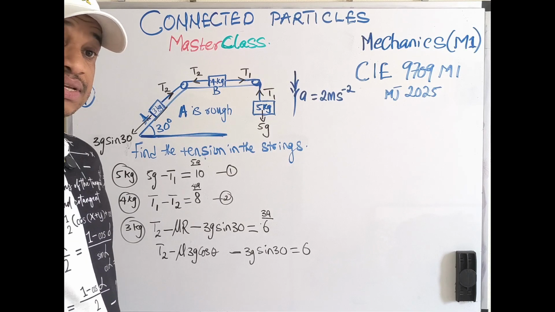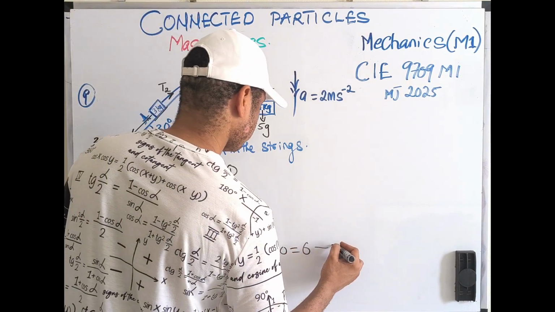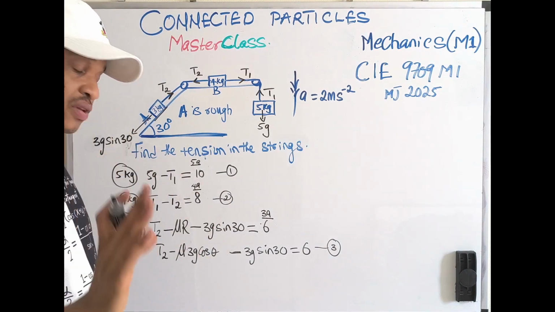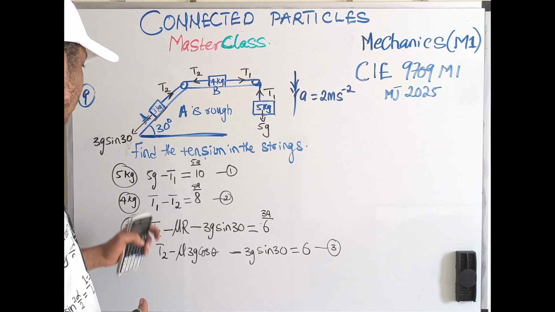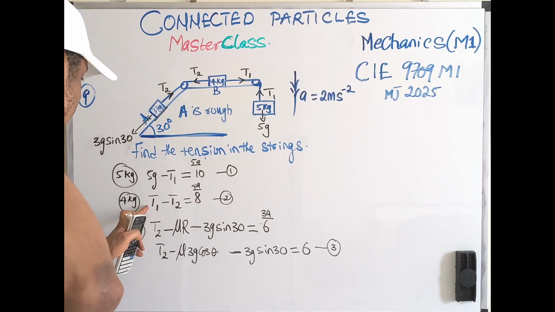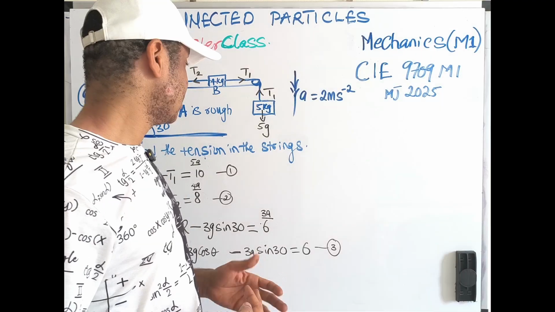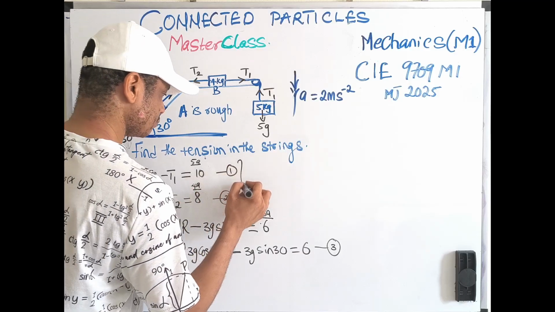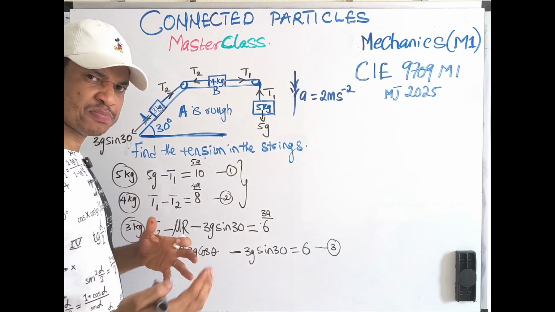So these are my answers to the first thing. Now we need to find T1 and T2. I think the next part was finding mu.